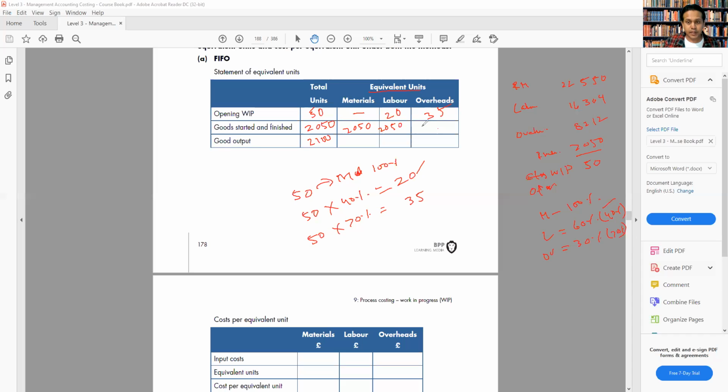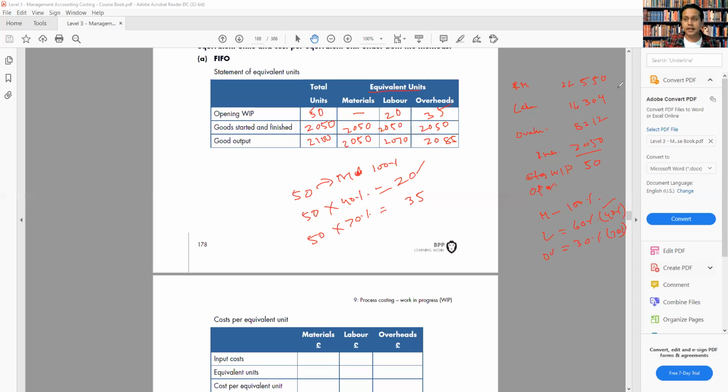This is fully completed units. Only the 50 units in WIP are not fully completed, so we have to calculate that. So we have 2050 for the material. For the labor we have 2070, and for the overhead we have 2085.